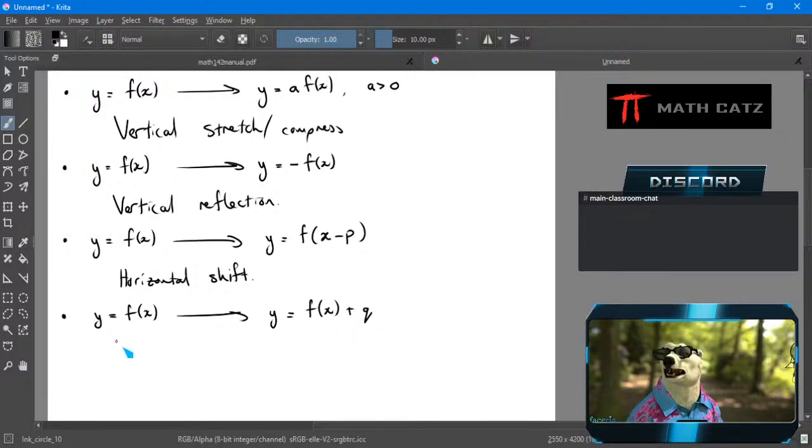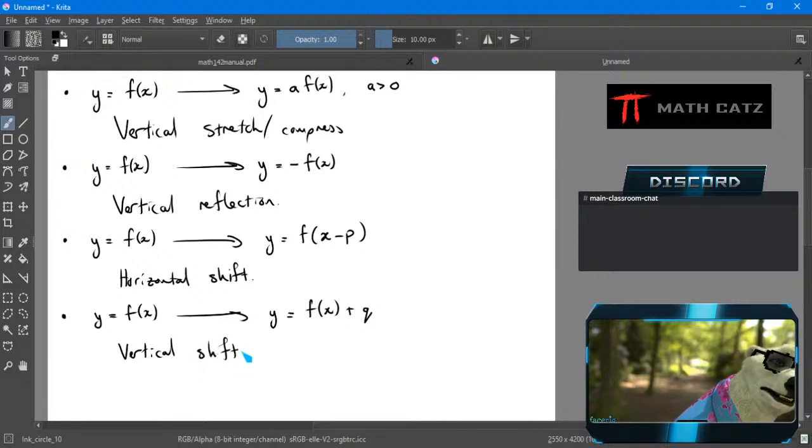Again, something is done to the whole right hand side, so that means a vertical transformation is happening to the graph, a vertical shift. So there's some consistency between these. If the whole right hand side is being manipulated, then it's a vertical transformation to the graph. And when x is being replaced by x plus or minus a number, then it's a horizontal shift.